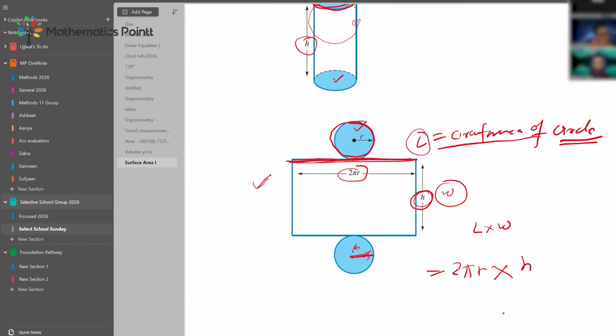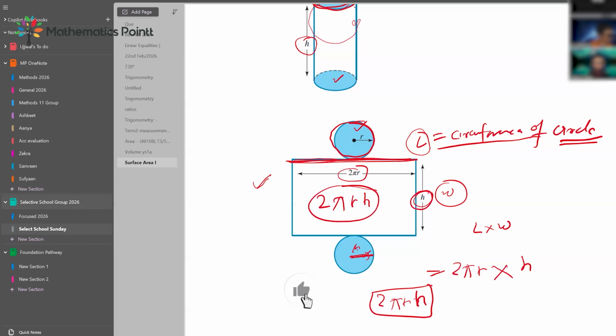So actually, the area of this rectangular sheet is 2 pi r h. And we know that the area of a circle is pi r square. And this is also pi r square.